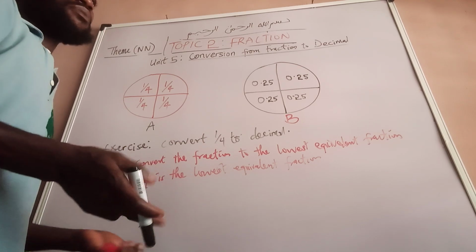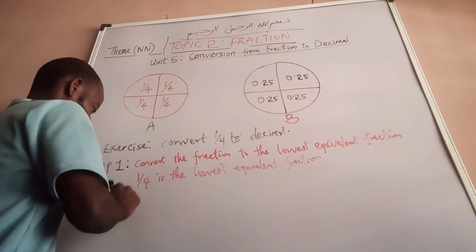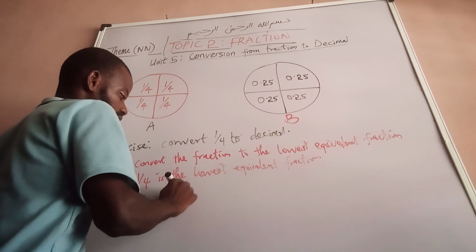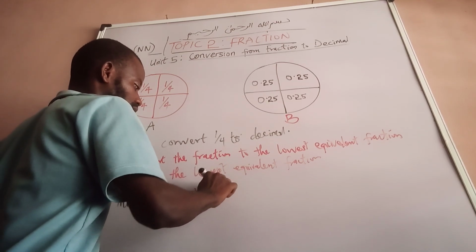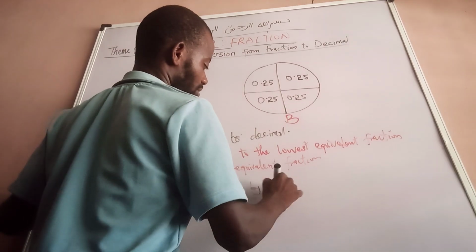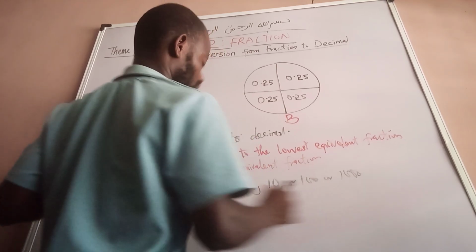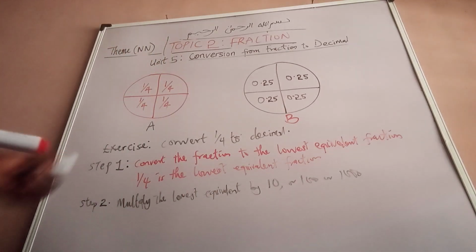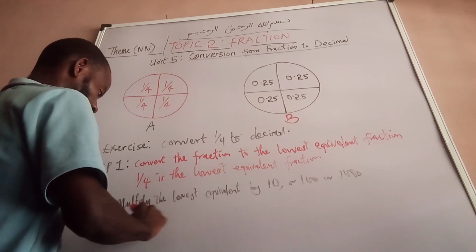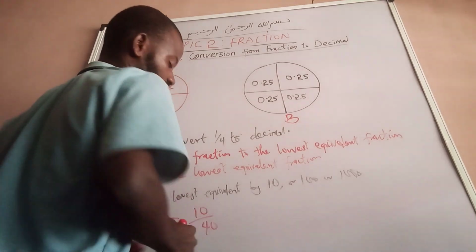But for now, let's just multiply everything with 10. We now say 1 over 4 times 10 over 10. Are you with me? Which is equal to 10 over 40.